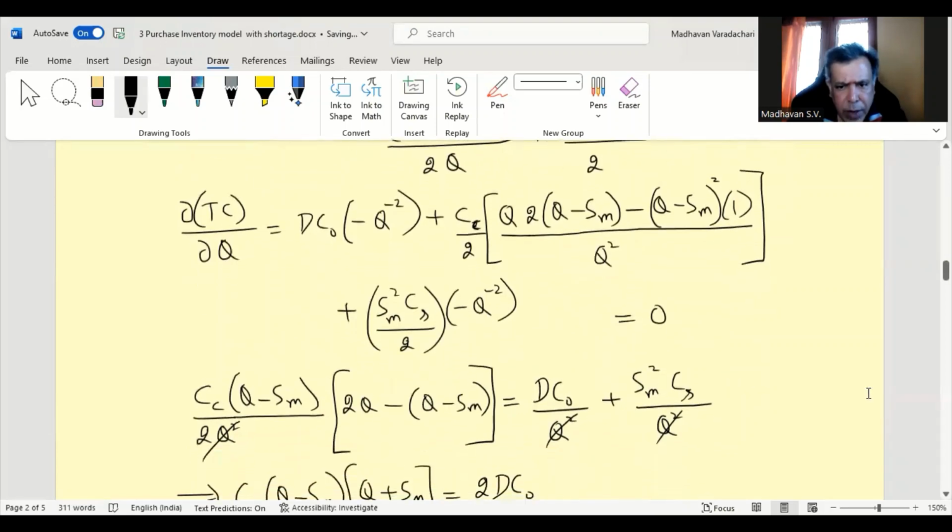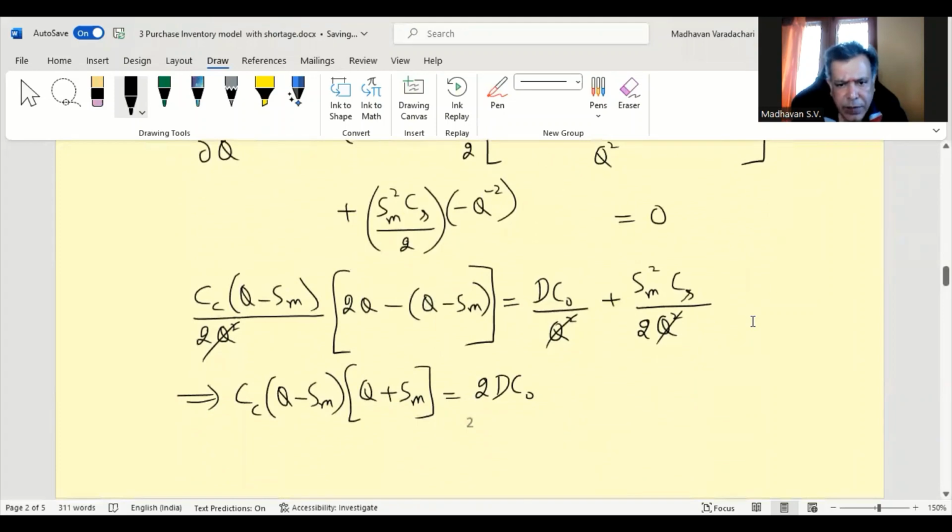Yeah, this 2 I missed to write it here. When I cross multiply this 2, here you will get 2, here you won't get 2 because the 2 will get cancelled with this 2. So plus Sm square Cs. That will be the result.